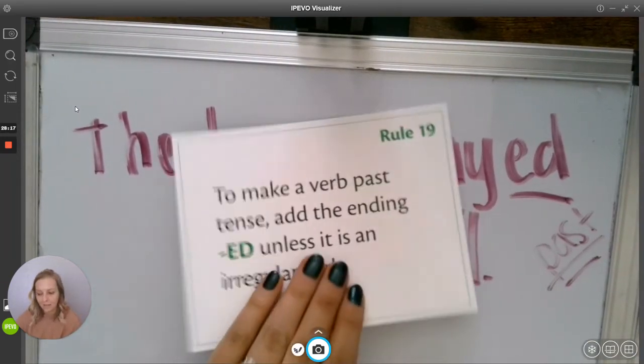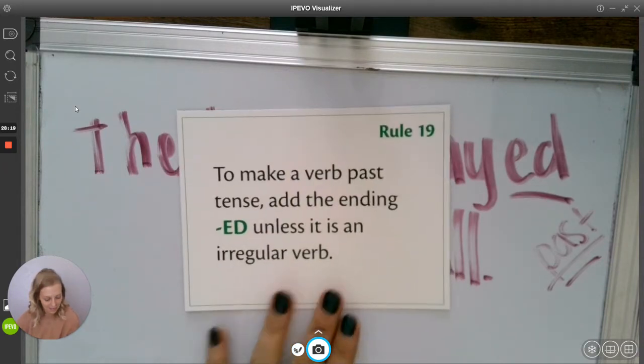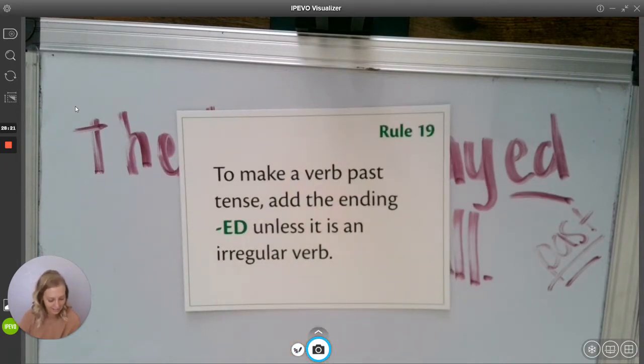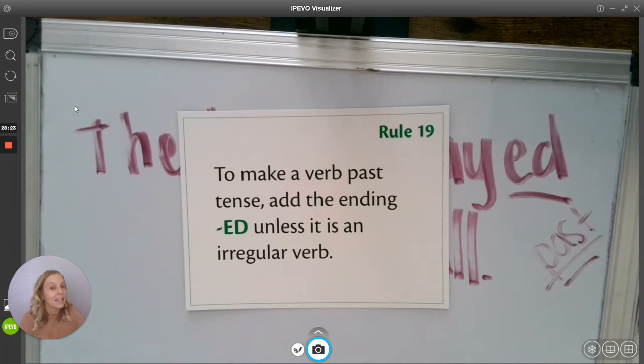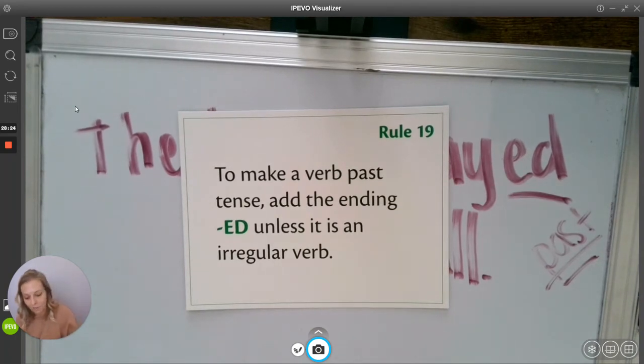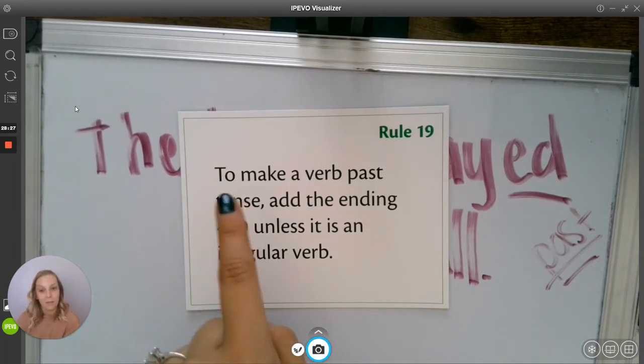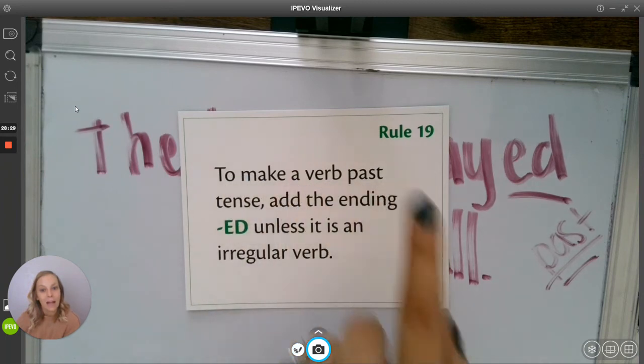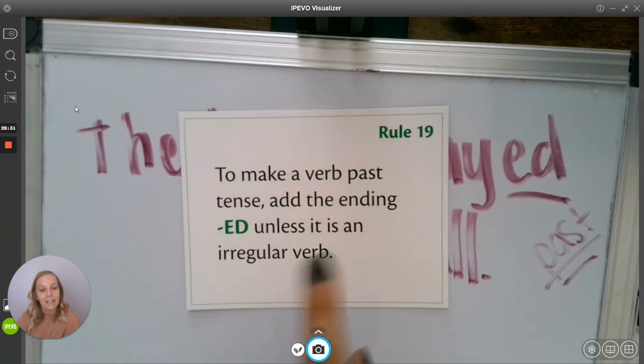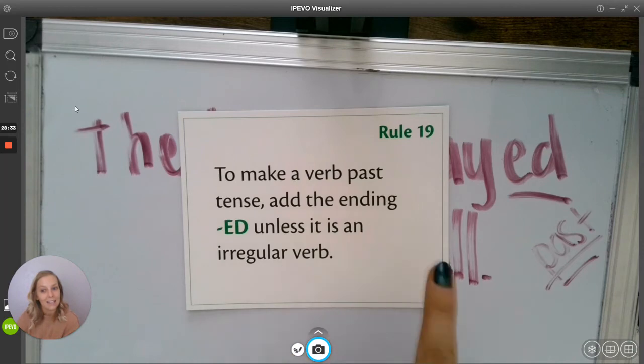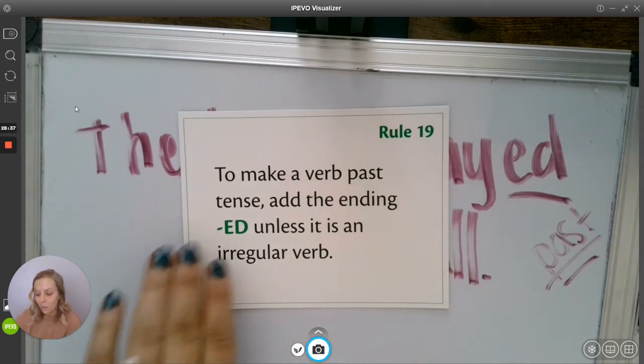To make a verb past tense, add the ending ed unless it is an irregular verb. So say that with me. To make a verb past tense, add the ending ed unless it is an irregular verb. And that is spelling rule 19.